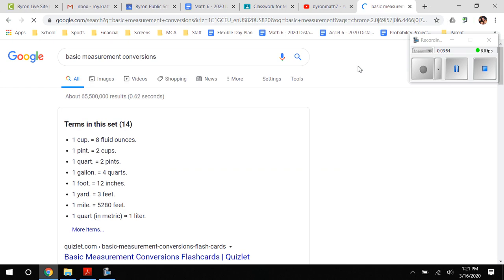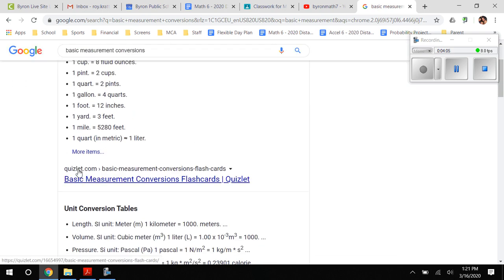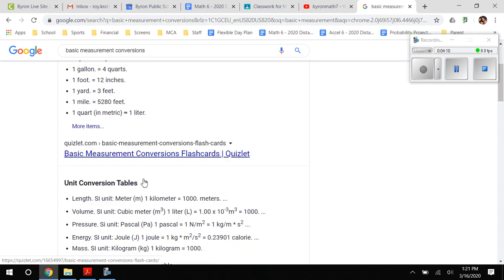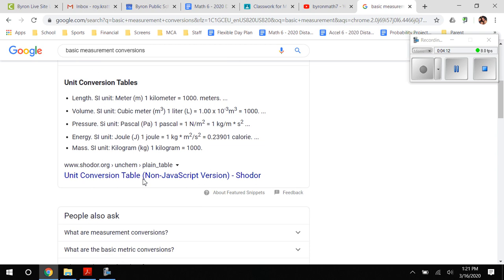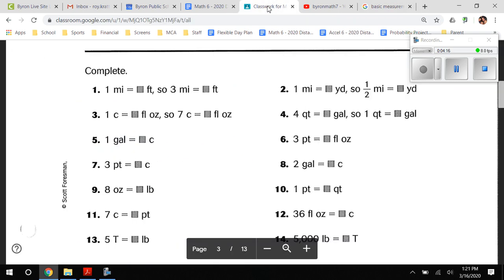You can just Google that, and then boom, look at that. 1 cup is 8 ounces. 1 pint is 2 cups. 1 quart is 2 pints. 1 gallon is 4 quarts. Okay, that right there is going to help you. This is all on Quizlet. You can go there for some basic measurement conversion flashcards, and you can study that for a while.